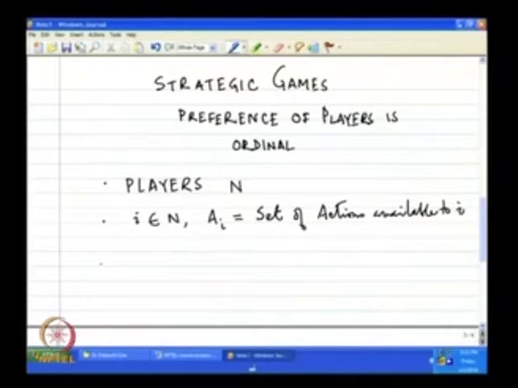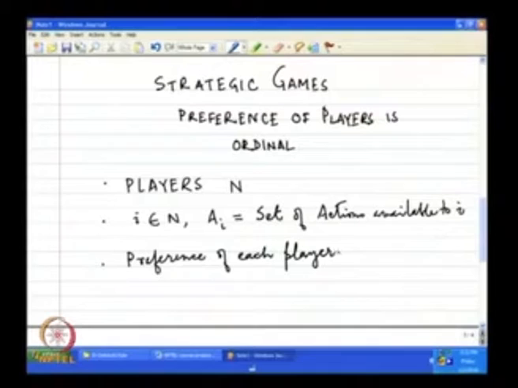And thirdly, what we need to know is the preference of each player. What is meant by this is that since this is an interactive process that we are talking about, at any play of the game, some action has been taken by each player.